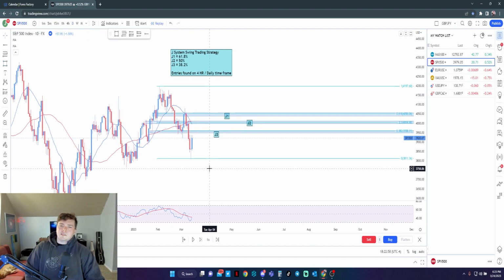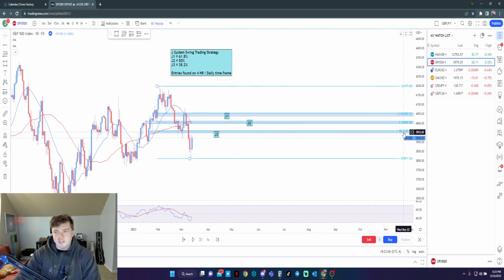So when I was looking at this, I said, okay, if we have structure at a J3, a J2, and a J1, so a J3 is a 38.2% fib retracement, a J2 is a 50% fib retracement, and a J1 is a 61.8% retracement. So when I'm doing this and I say, okay, we have structure at all three, right?